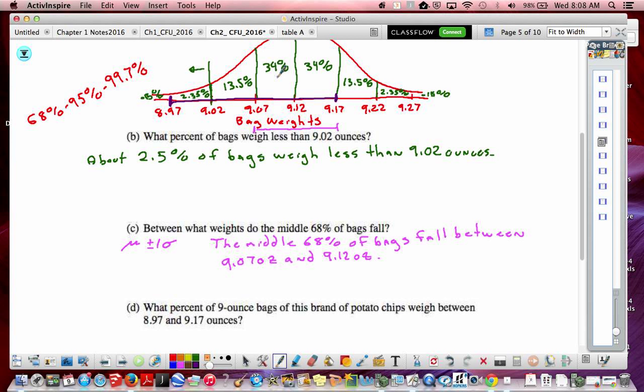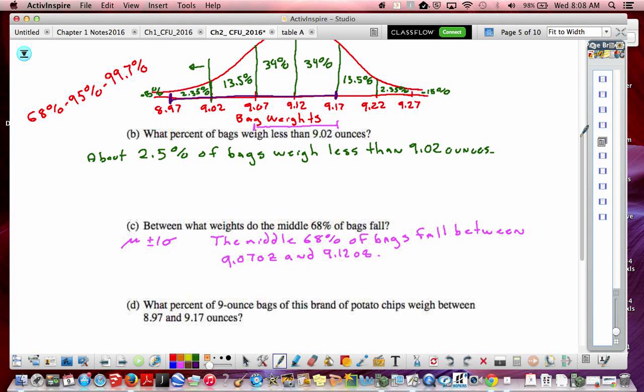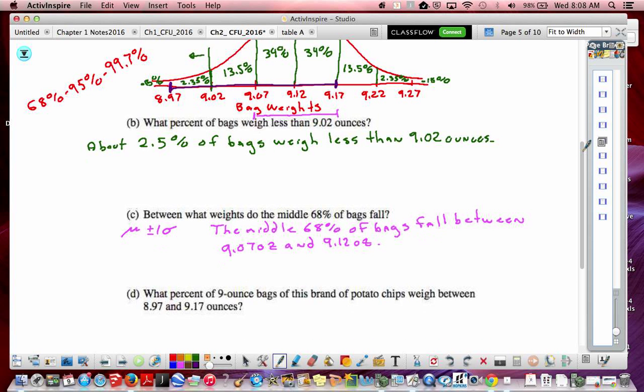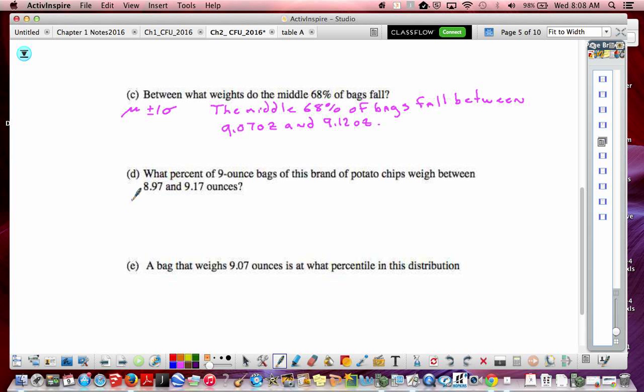I'm going from -3 standard deviations all the way to 1 standard deviation. So basically I can just add all of these up. I'm going to add the 34s, which is 68, plus the 13.5, plus the 2.35. Now that's not the only way you can get it.